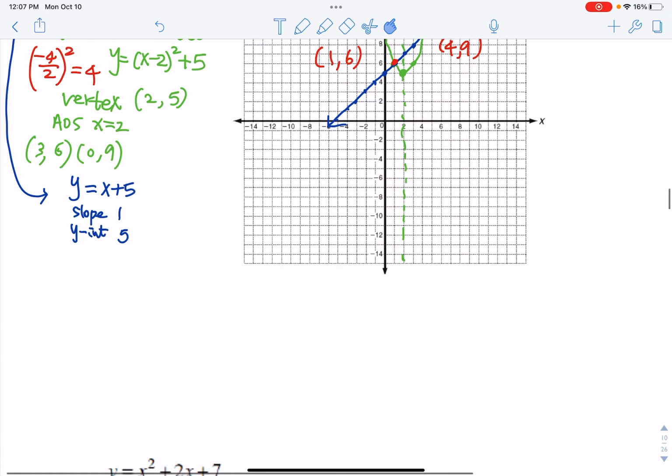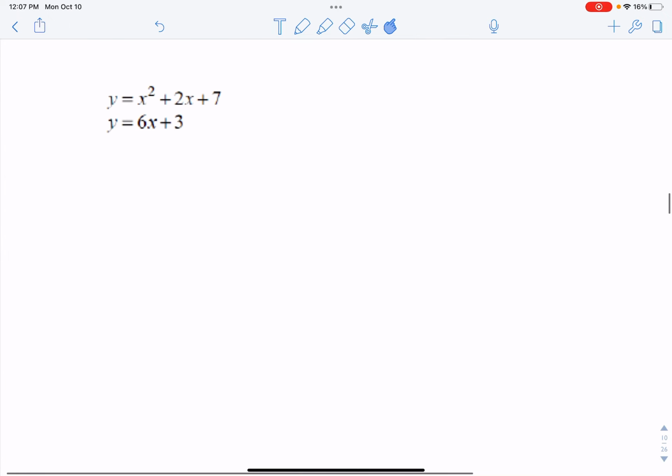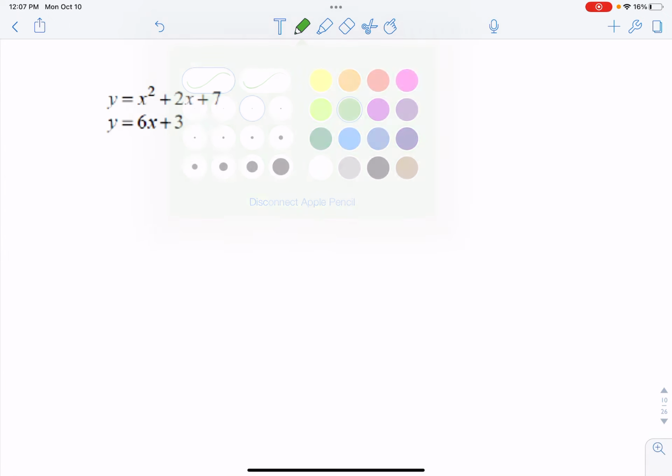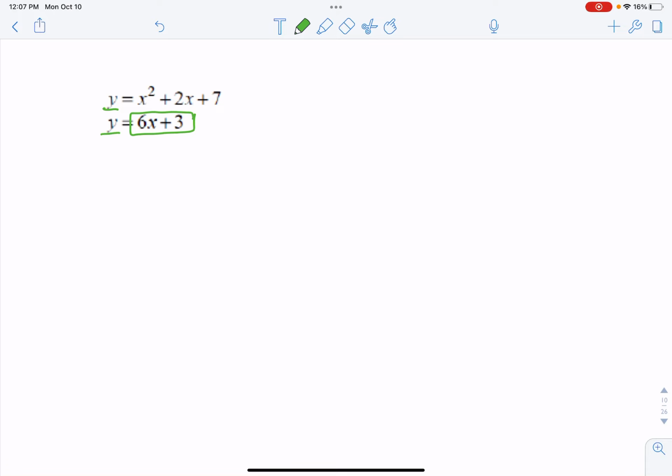And then by substitution. Both of them are solved for y. So I will replace y with 6x plus 3, substitute. So I can do 6x plus 3 equals x squared plus 2x plus 7.